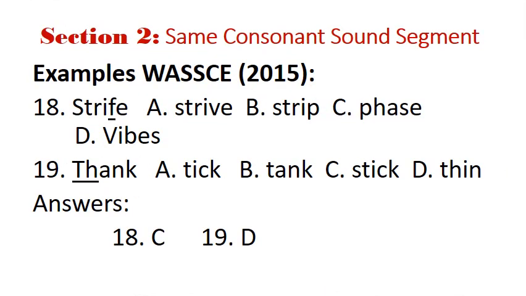Here, we have items 18 and 19 taken from the past question for 2015. Item 18 is spelled S-T-R-I-F-E, which we pronounce strive. But the letter underlined is letter F, which means we are looking for that sound.